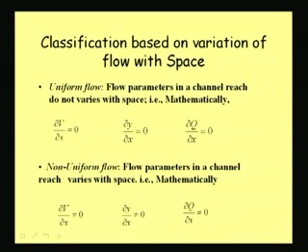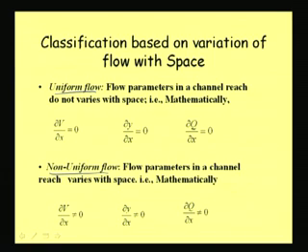Then let me come to another classification, that is classification based on variation of flow with space, and that we can classify as uniform flow and non-uniform flow. What is meant by uniform flow, and what is meant by non-uniform flow, we can see.